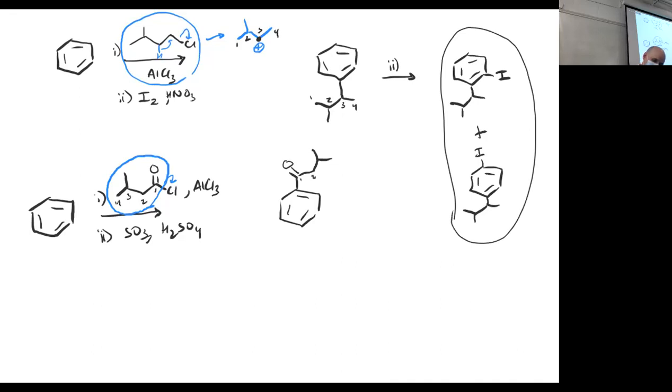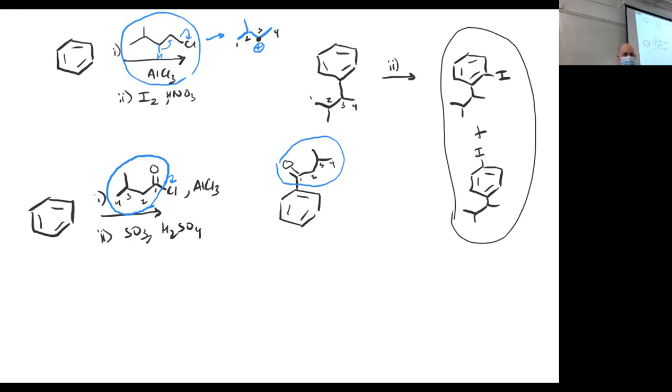It's a 4-carbon chain with your carbonyl at number 1 on both of them, and your methyl at number 3 on both of them. So this is the chunk that was attached to a chlorine, and now it's just attached to a benzene. All right, that sound good?